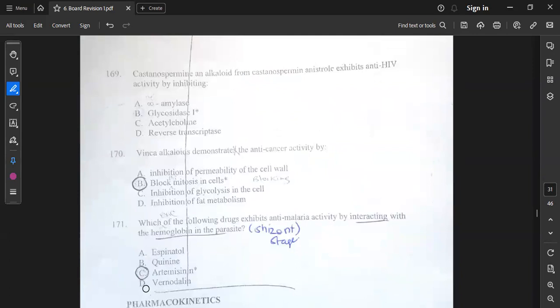Which of the following drugs exhibit antimalarial activity by interacting with the hemoglobin in the parasite? Not quinine.